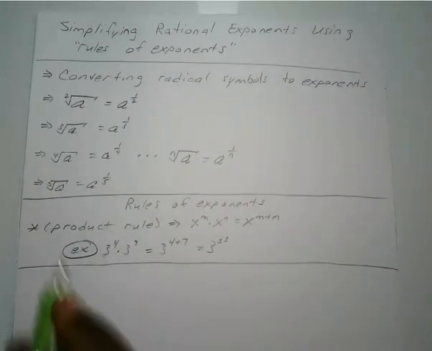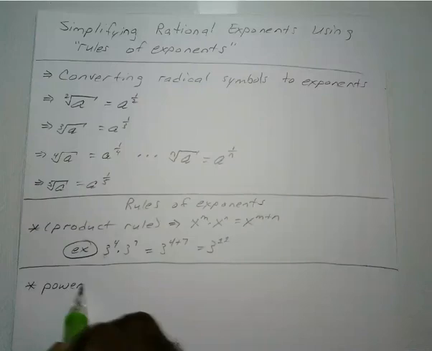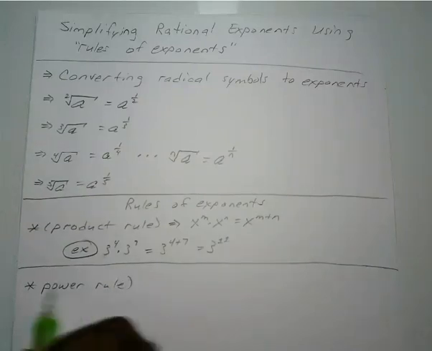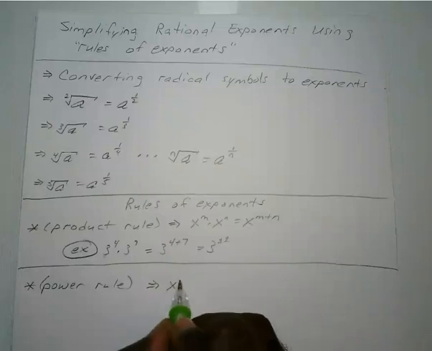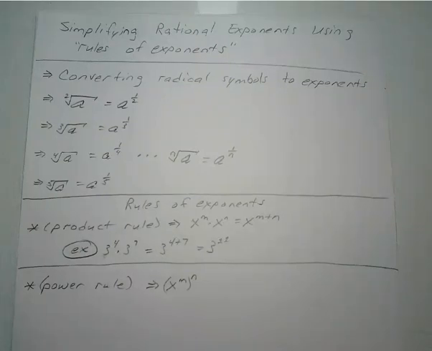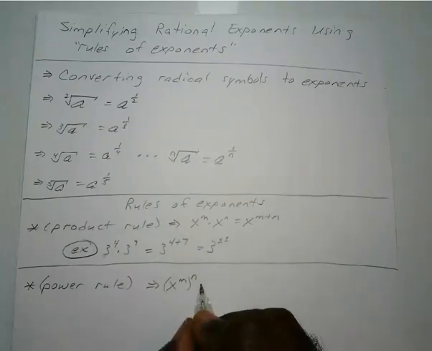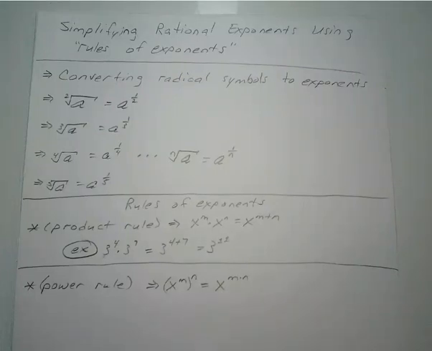Now let's look at the power rule, which states that if you have x to the power of some value m, and that whole thing is raised to the power of some value n, that's x to the m times n.